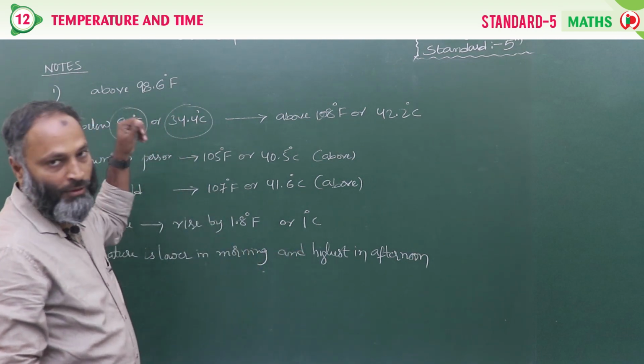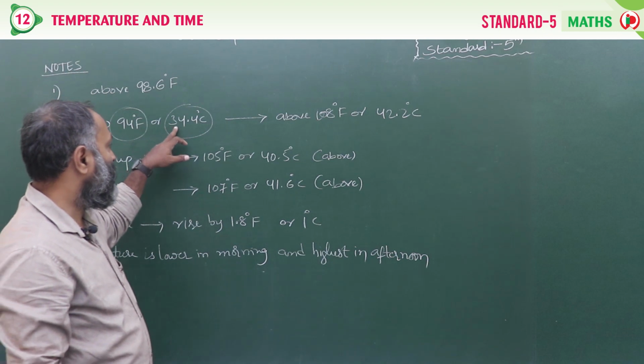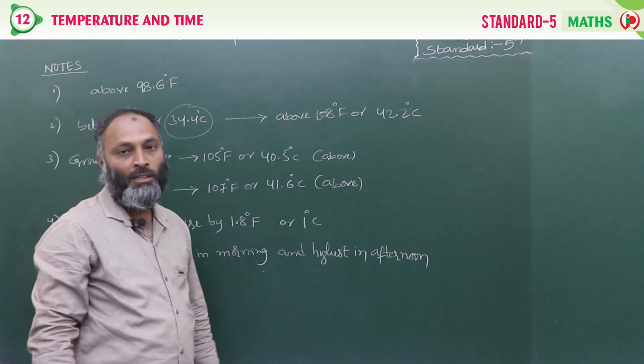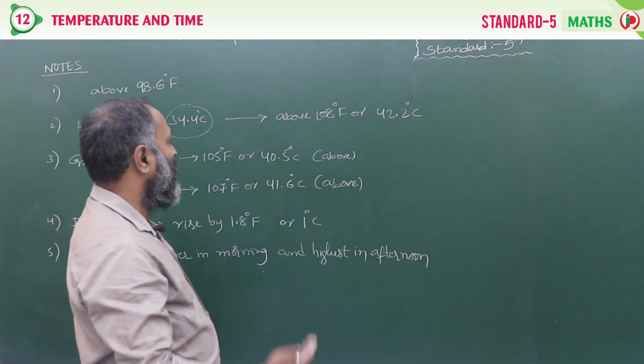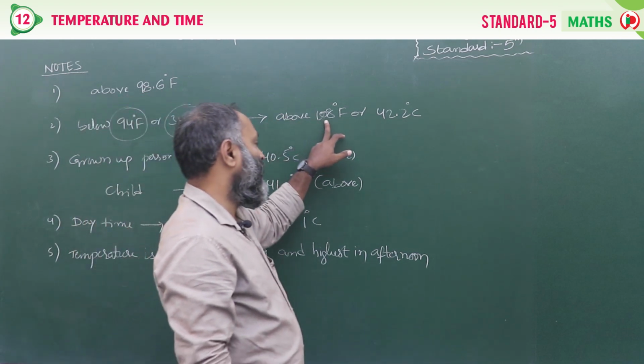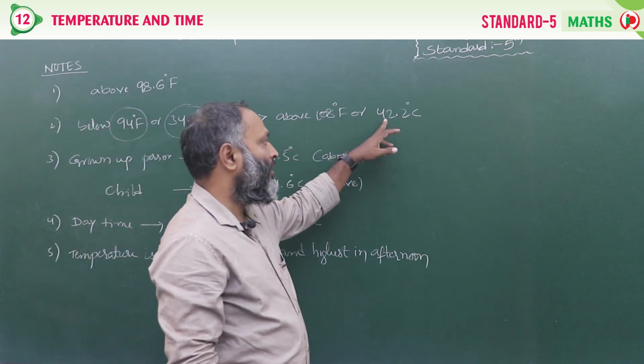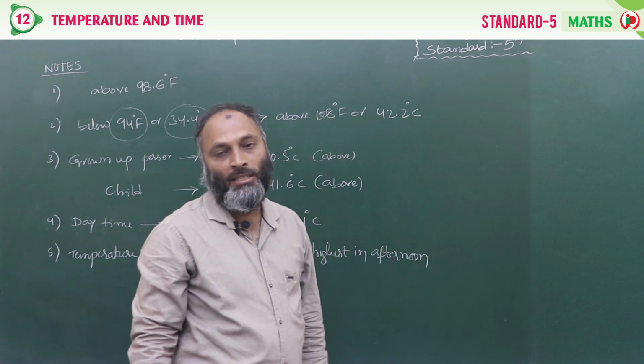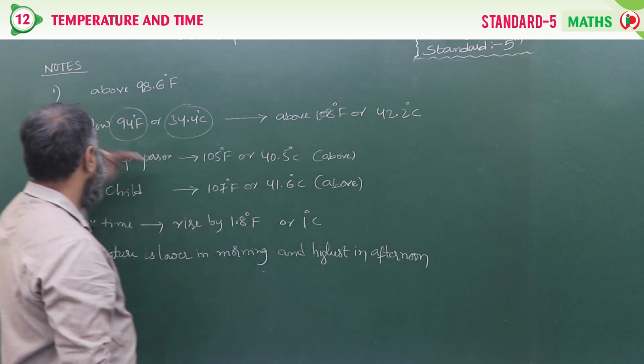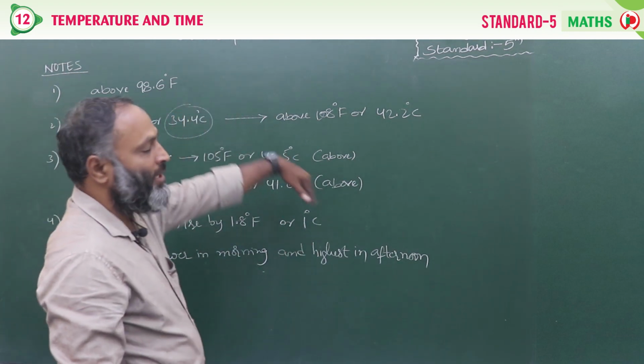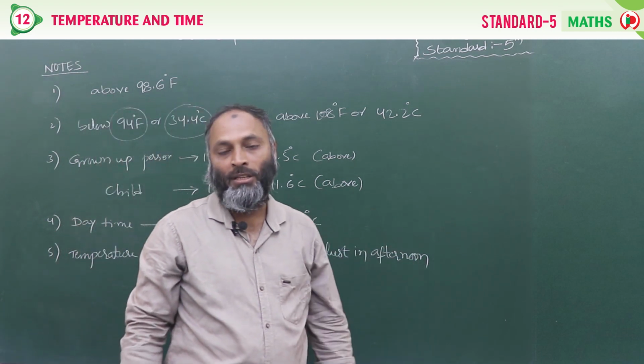In Celsius, 34.4 degrees Celsius is the lower limit, and it should not go above 108 degrees Fahrenheit, or 42.2 degrees Celsius. If below this or above this, then maybe the person will die.